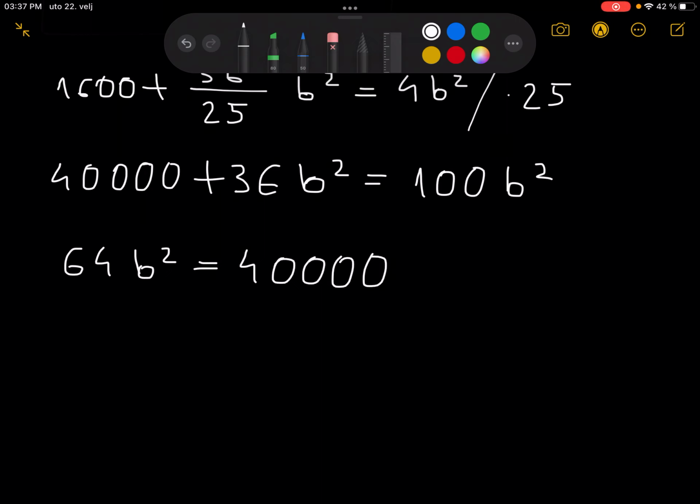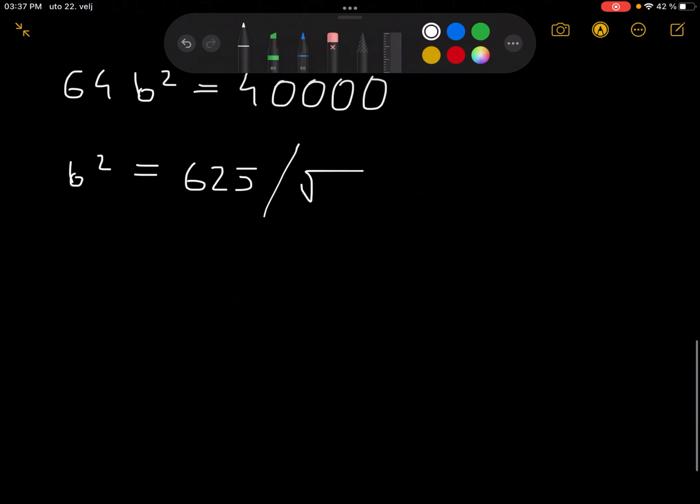So B squared is equal to 40,000 over 64, which is equal to 625. And once we take the square root of both sides, we'll get that B must be equal to 25.